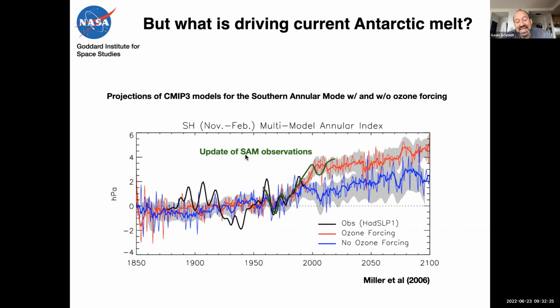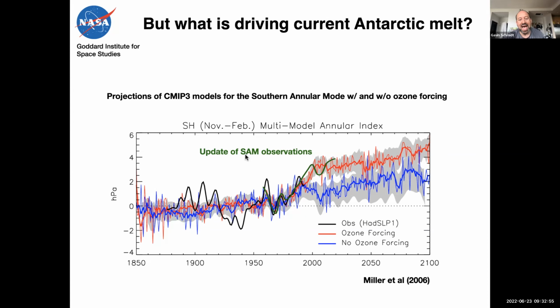And the interesting thing was that there's a very clear separation between those two sets of models in what happens to the southern annular mode. You can see that the models that had the ozone forcing predicted a much stronger change to the southern annular mode than the models with just greenhouse gases, but that all of them showed an increasing positive trend in the southern annular mode, so increasing westerlies around Antarctica.